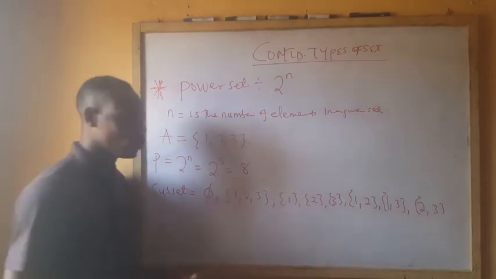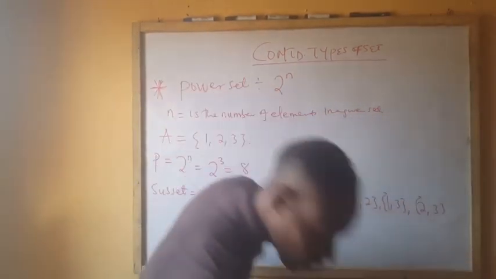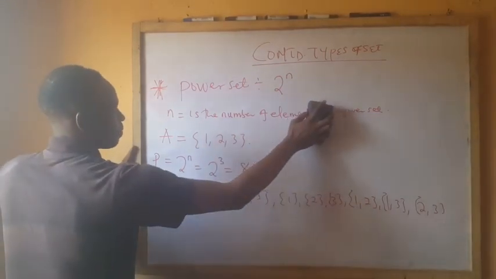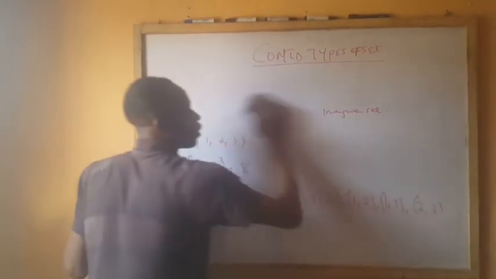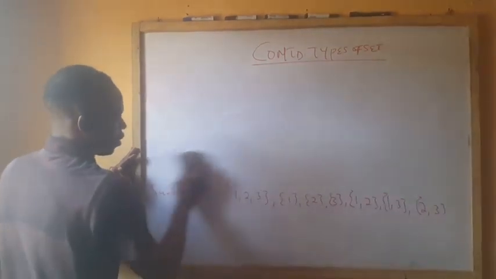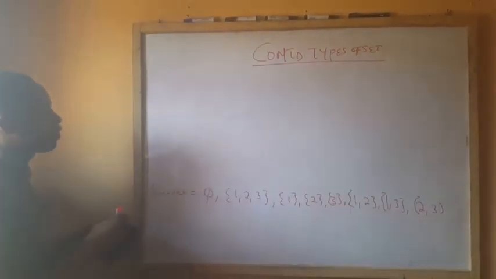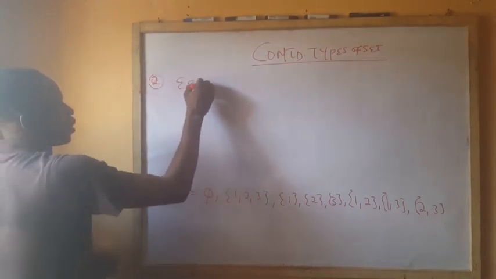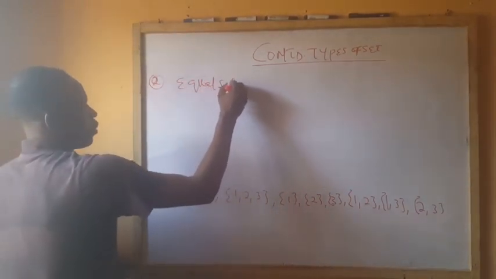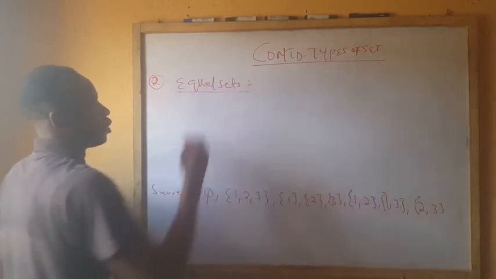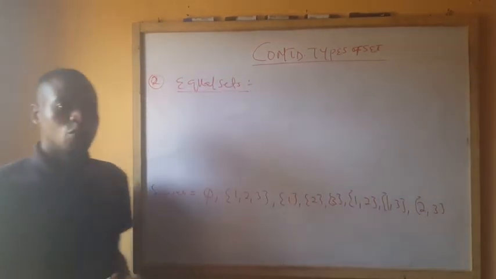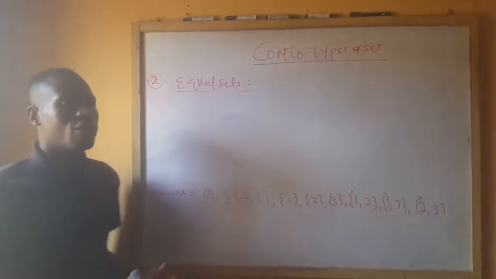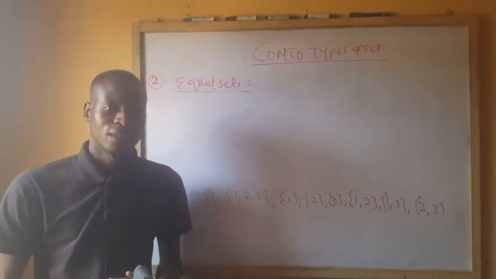So let's take the second one. Let's take another set here. Equal sets. Two or more sets are said to be equal if they contain the same elements. Are we together?